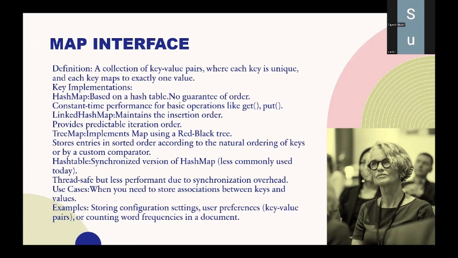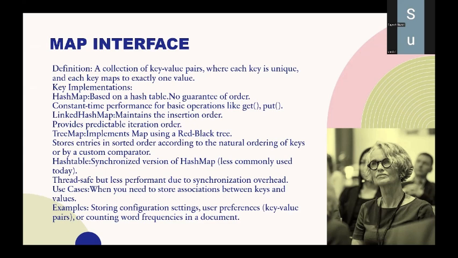You might have used online dictionaries. There is a feature where you can search a particular word in an online dictionary. Now, how exactly can you do that? That can be easily done by using a map interface.